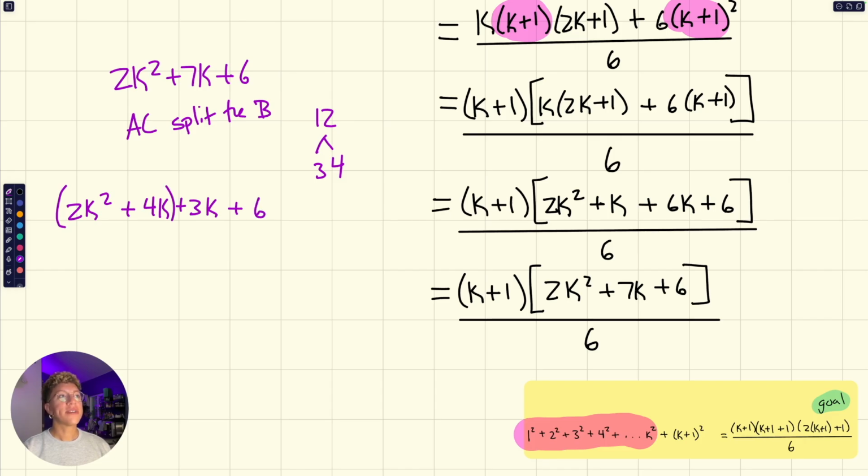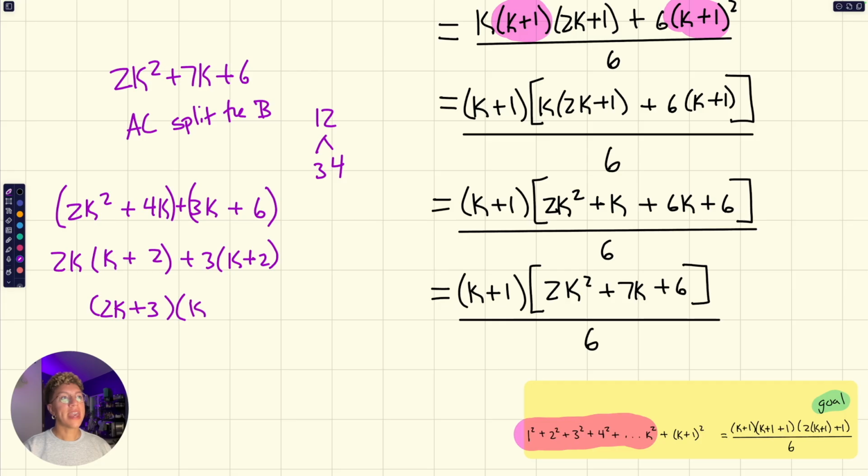We then factor by grouping. We take those first two and these last two. We factor out 2k from the first two, and so we get k plus 2. And then we factor out a 3, and we get k plus 2. And so that turns into 2k plus 3 for our first binomial, and our second binomial is k plus 2.